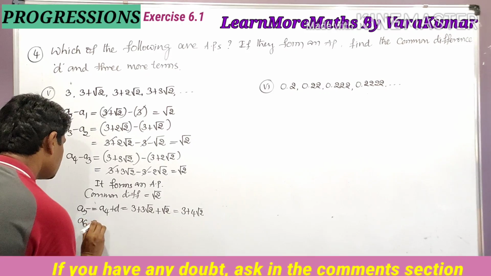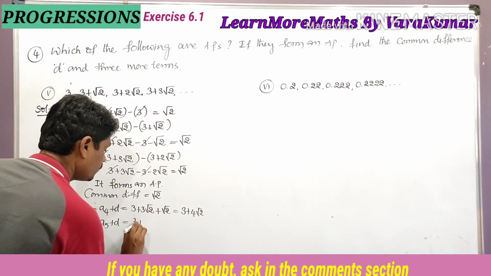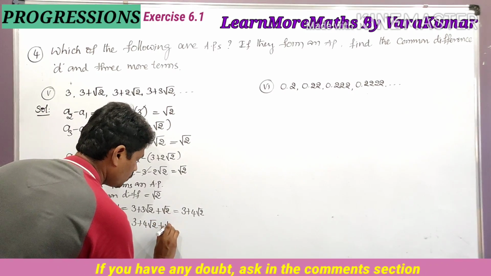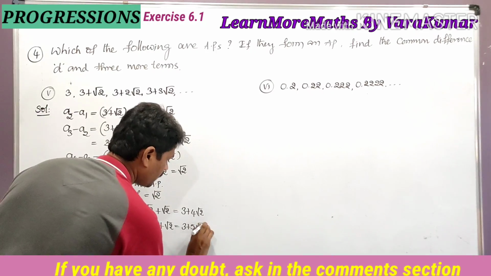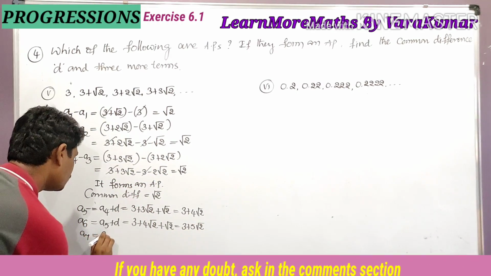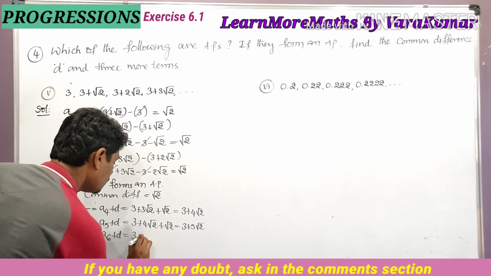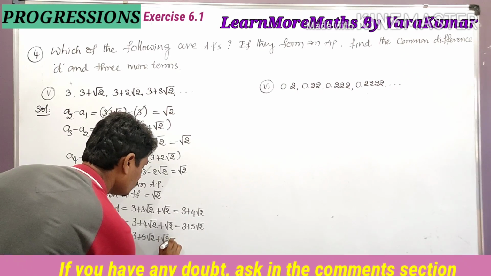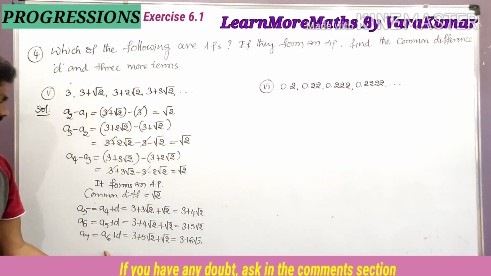So next a6 is equal to a5 plus d. a5 we have 3 plus 4 root 2, plus d is root 2. So we can get 3 plus 5 root 2. So next a7 is equal to a6 plus d, that is 3 plus 5 root 2 plus root 2, which is 3 plus 6 root 2.